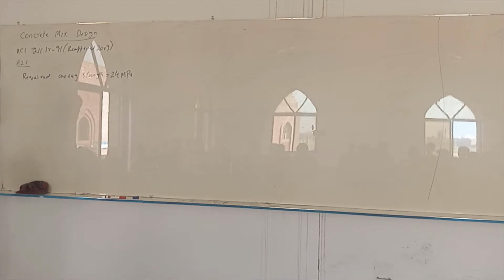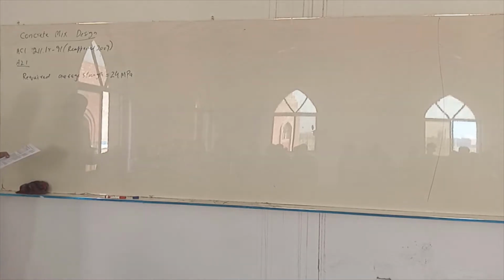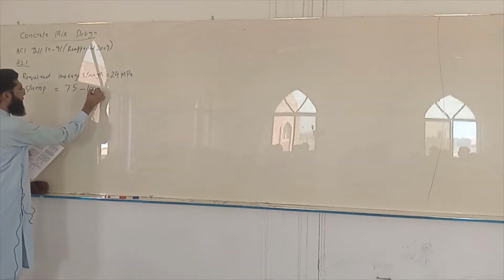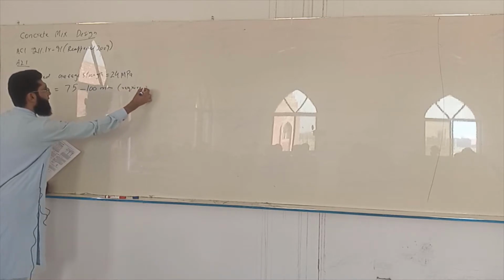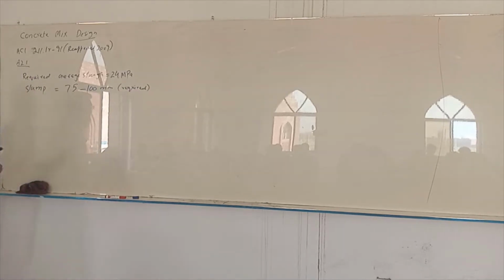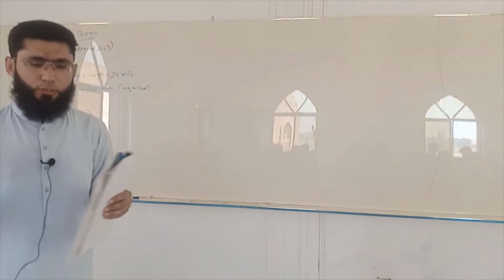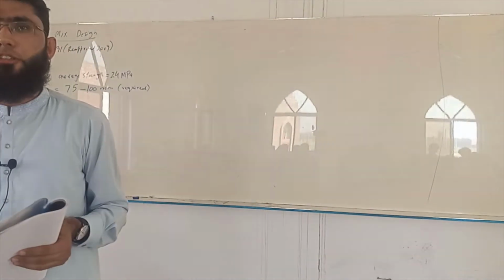Okay, so the required average strength is 24 megapascal, and the slump value that we require is 75 to 100 millimeters. This is also a required value. This is the desired slump. Now, how do you pick this value? It depends upon the nature of the project, the nature of the structural element that you're going to construct.